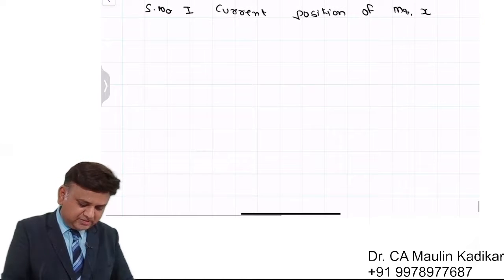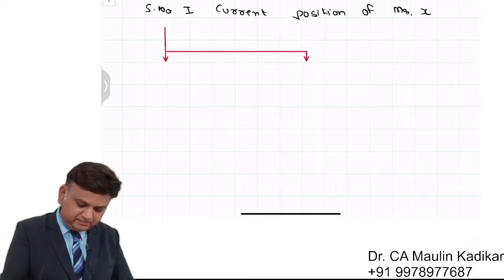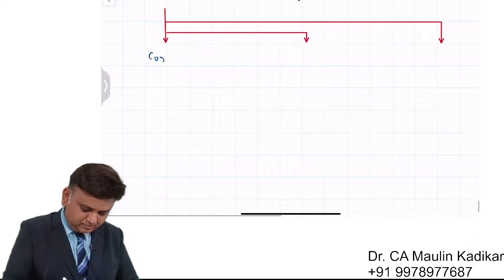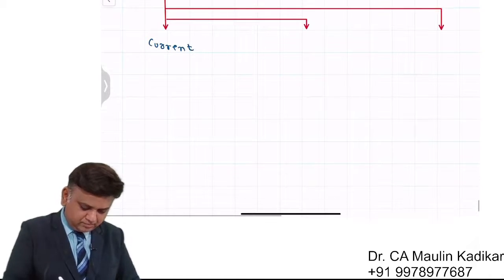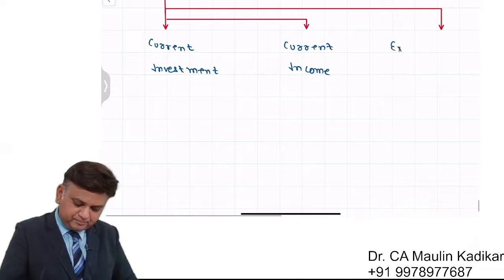So there are three things that we are required to mention. Current investment, current income, and exposure to debt risk.